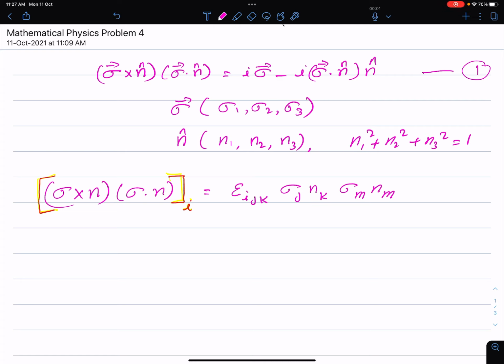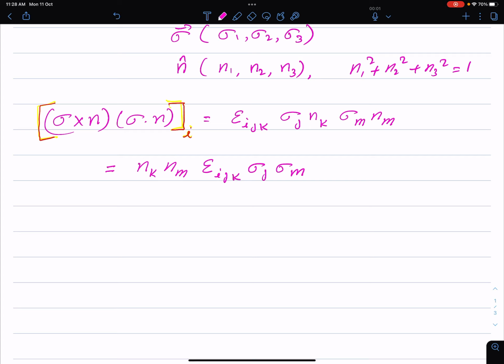Now let us rearrange the terms here. So you can write that n k n m are numbers, so I just take it outside because the more calculations use the Pauli matrices. So I write down this as epsilon i j k sigma j sigma m.